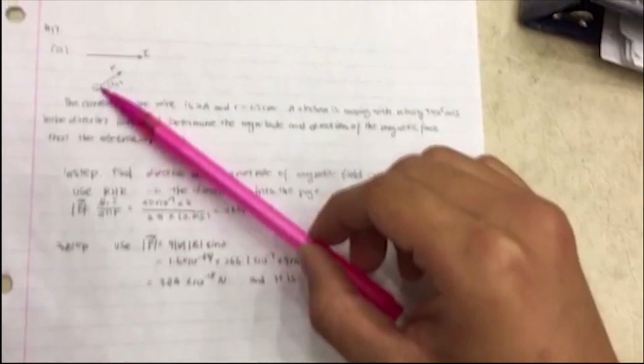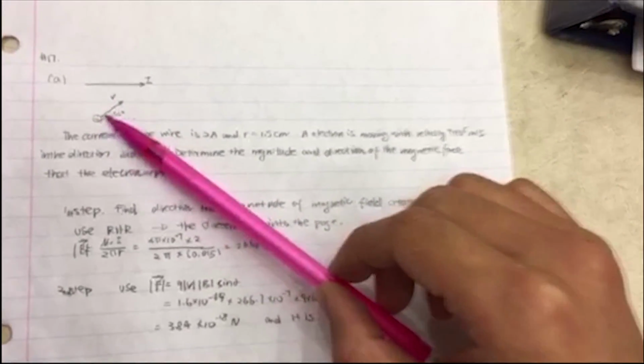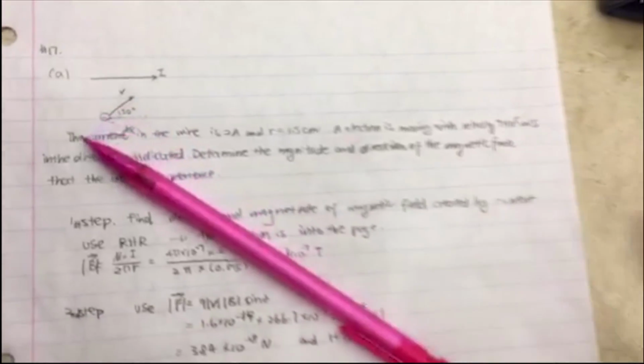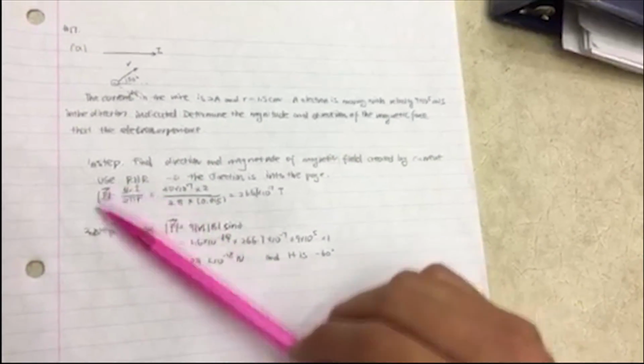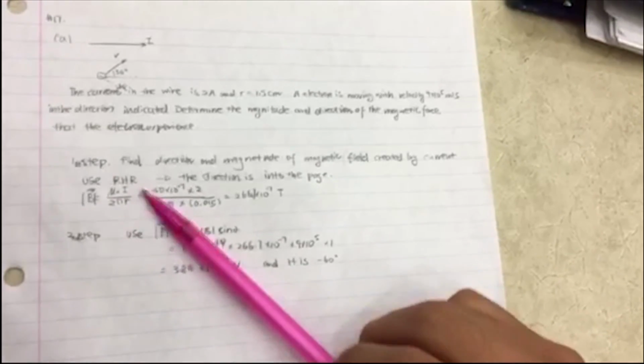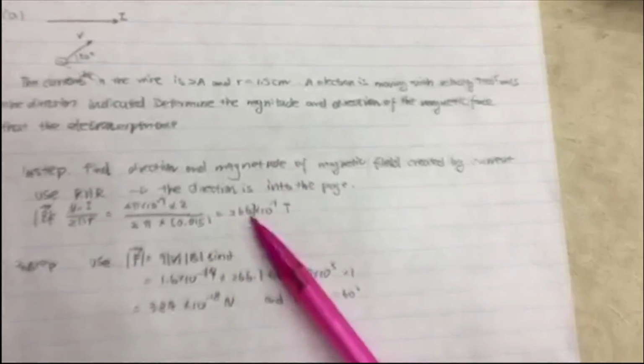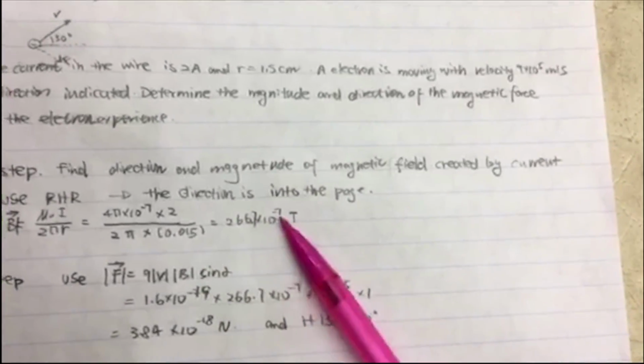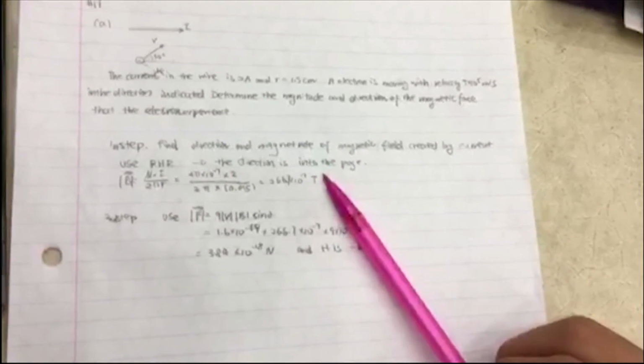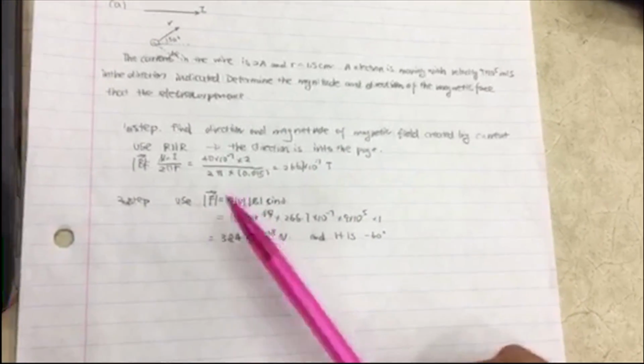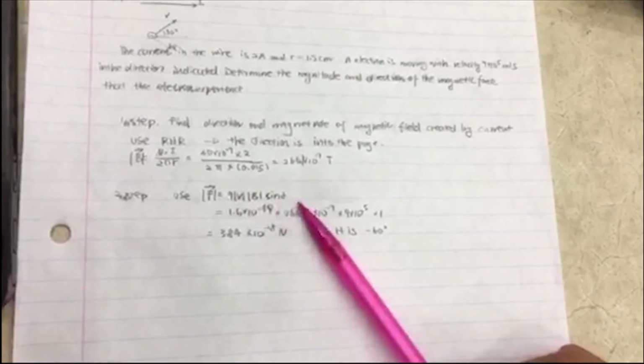So in this case, the magnetic field at this electron is going inward. So by using this equation, we can find out the magnitude of that, which is 200 something times 10 to the negative 7th Tesla.